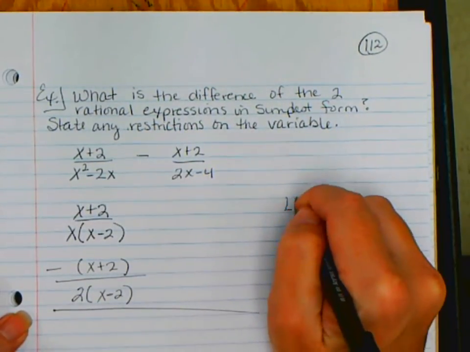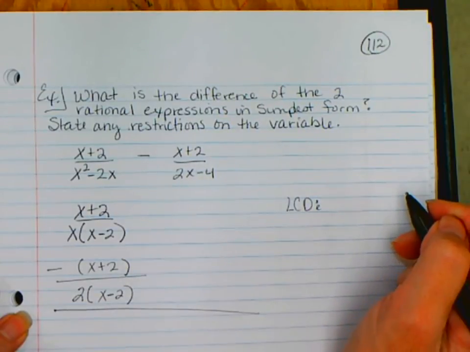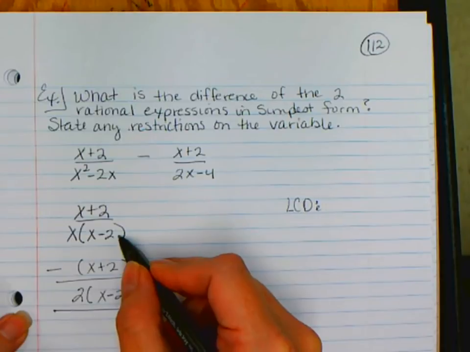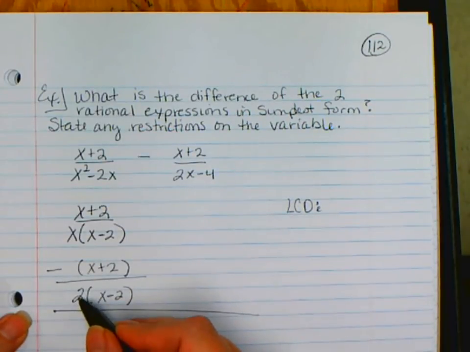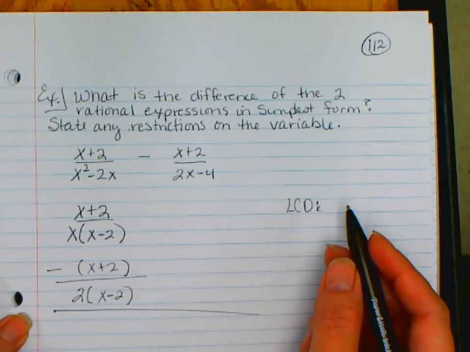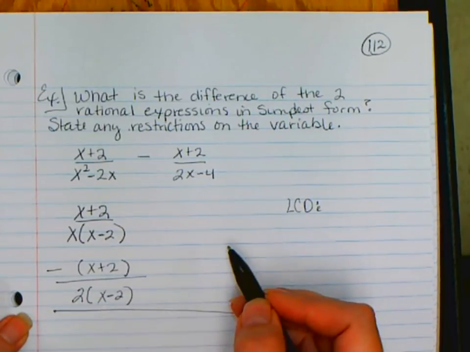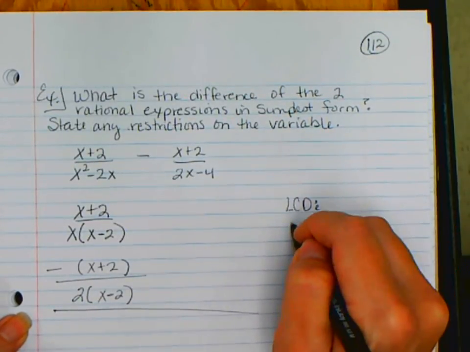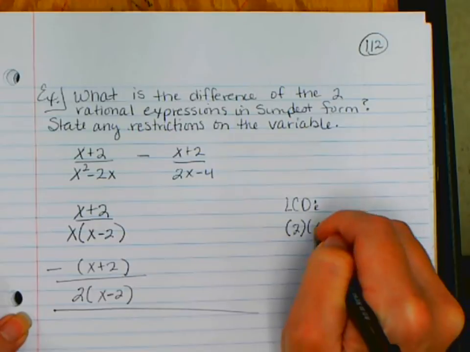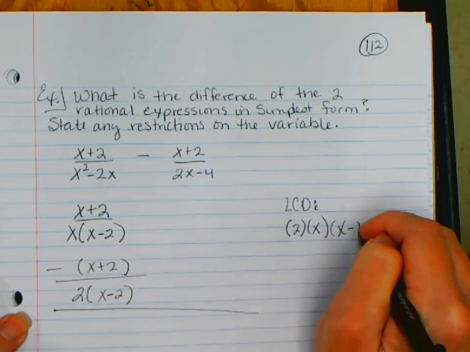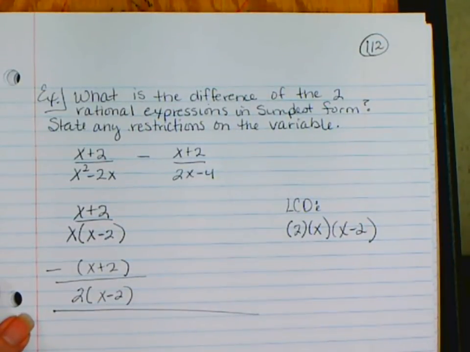So my least common denominator, I have a factor of x, x minus 2, and 2. So you can either write it as 2x times x minus 2, or sometimes if that's going to confuse you, just think about them separately.